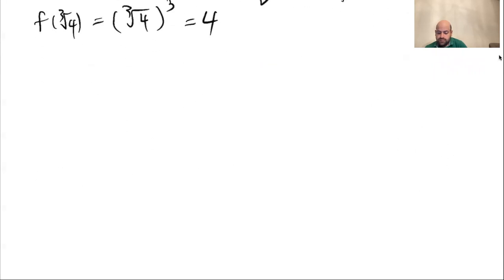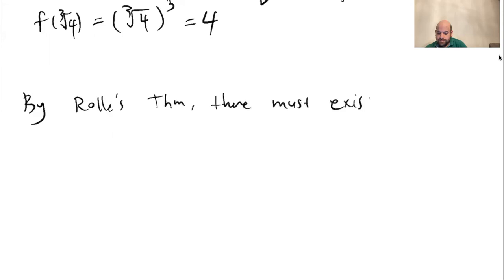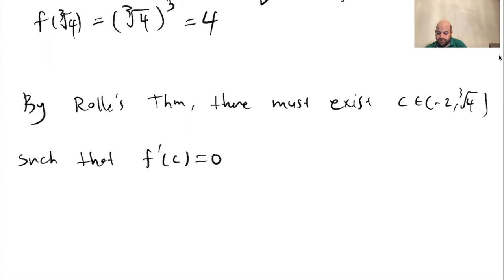And so by Rolle's theorem, what can we conclude? There must exist c between -2 and cube root 4 such that f prime of c is equal to 0.